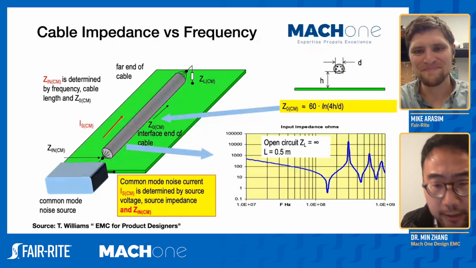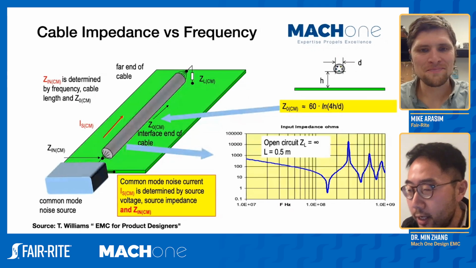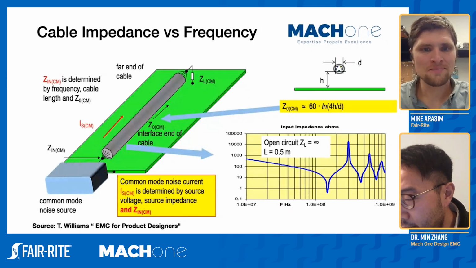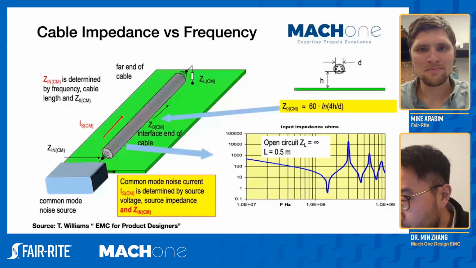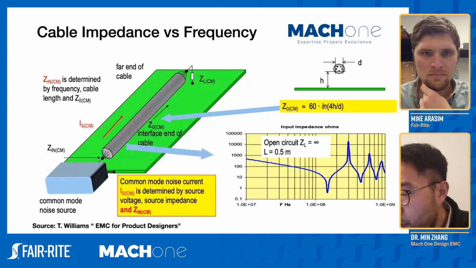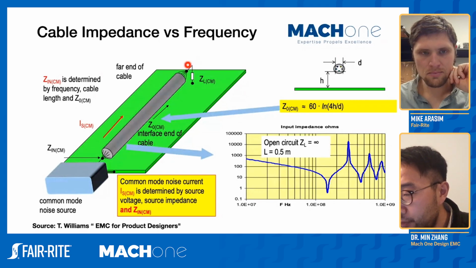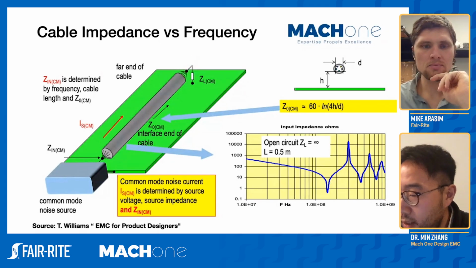Now, on top of that, there's another issue, which is the voltage standing wave, right? So here I just have this curve again, showing you the input impedance against frequency, and you can see this is showing a resonance behavior of a cable which is 0.5 meter long, and this impedance is calculated for an open circuit ZL. That means the load impedance, as we said, is a high impedance connection. But what if this is a low impedance connection?